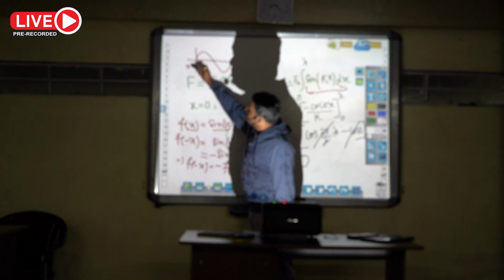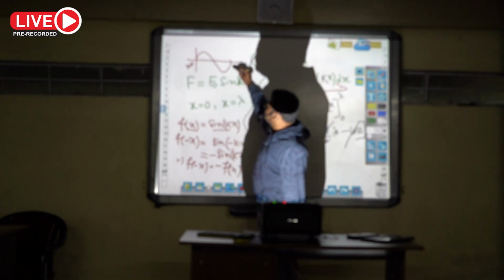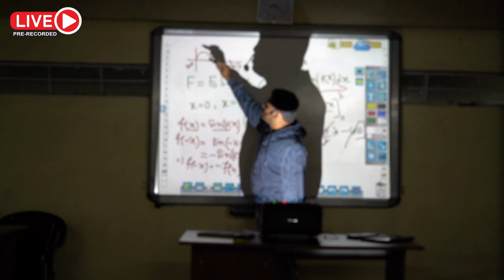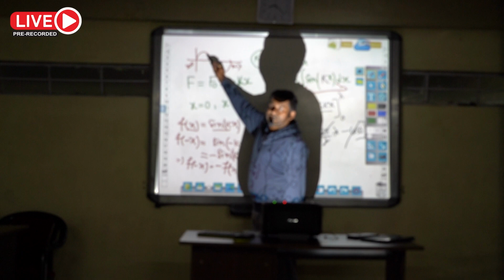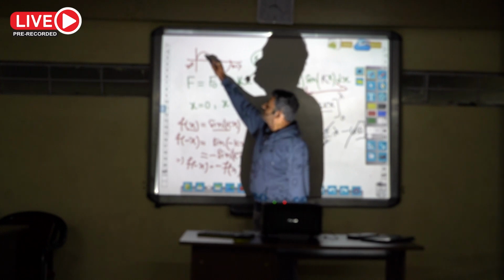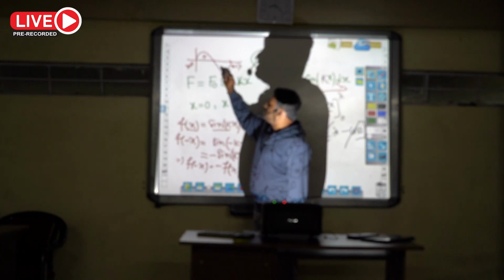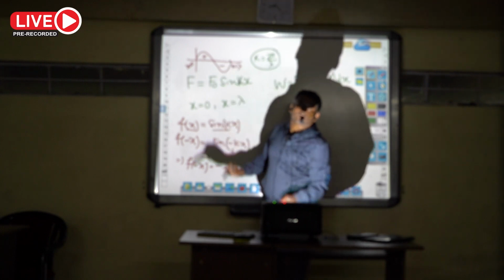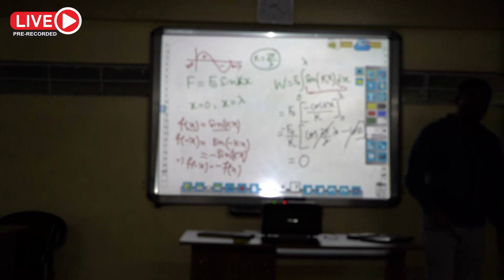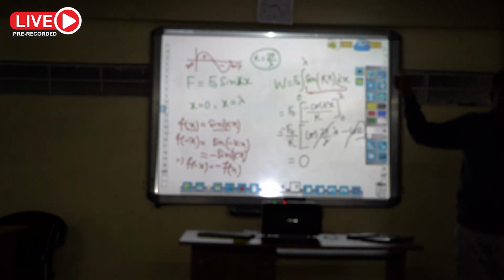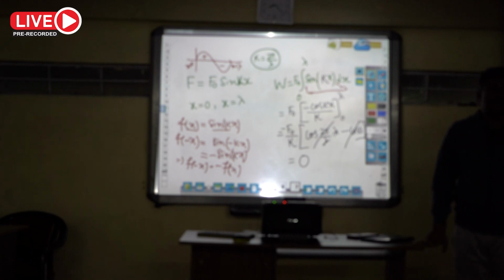So x equal to 0 to x equal to lambda, this is a complete wave of the sine function. Now this area is in the upper half, this area is in the lower half, and remember in the cross product you have done, area is a vector quantity. So upper area is positive, lower area is negative, and integration means area under the curve.